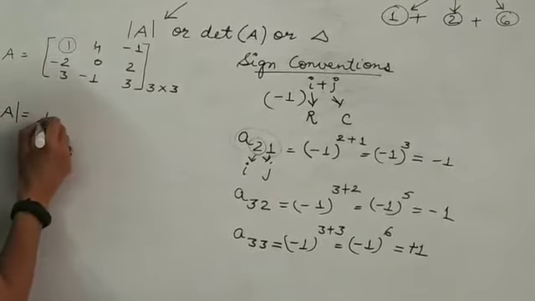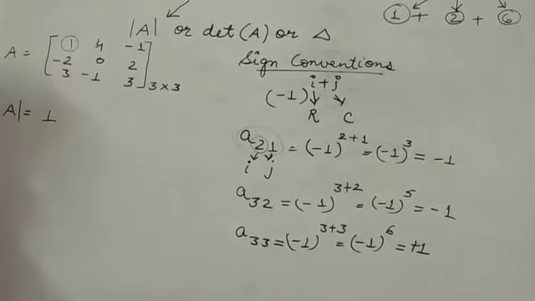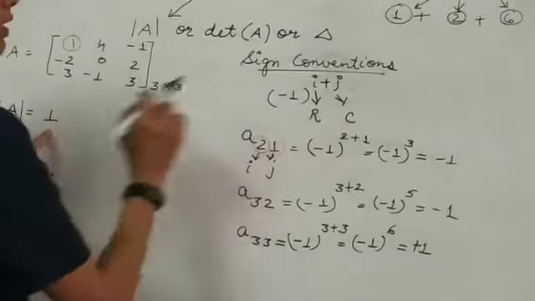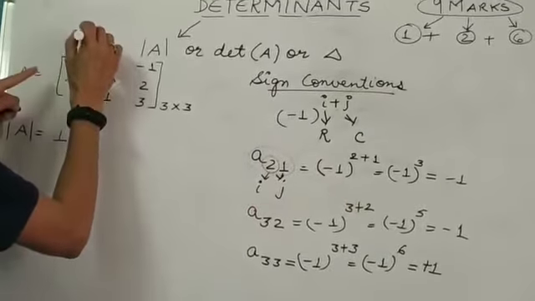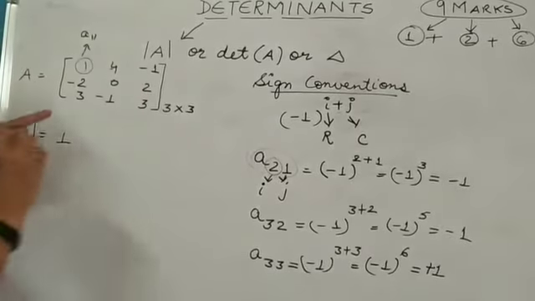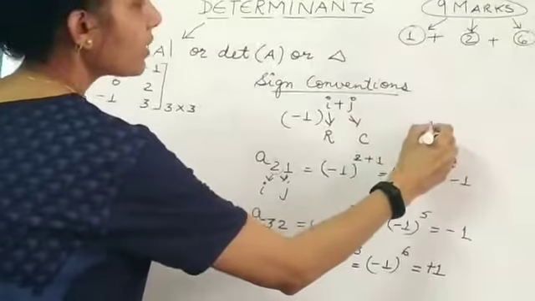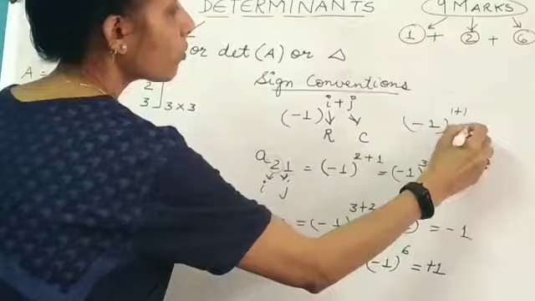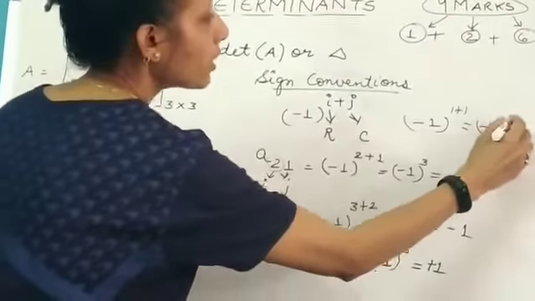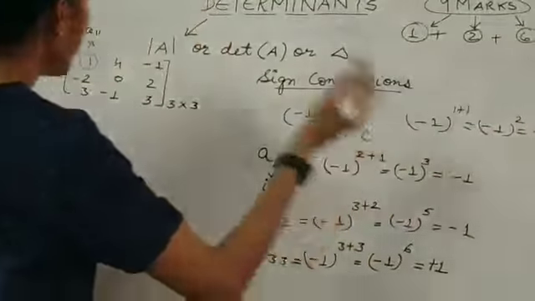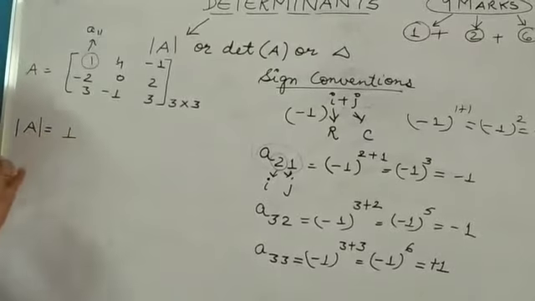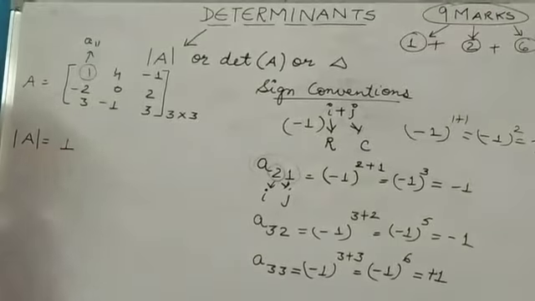The sign of this 1 should be decided by this rule. This is your element of first row and first column. That means minus 1 raised to power 1 plus 1, which gives minus 1 squared, which is positive. That means this 1 should be taken as positive.